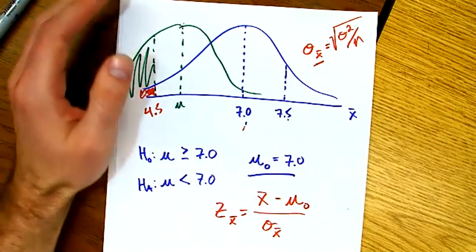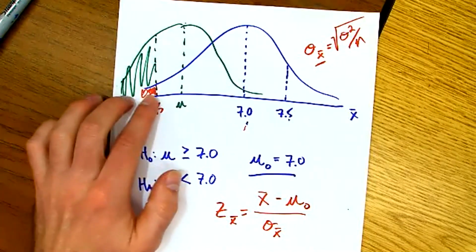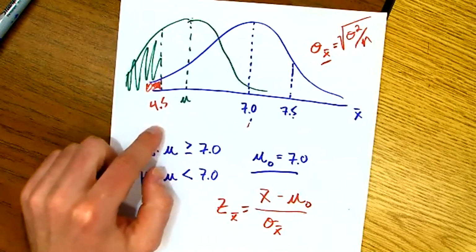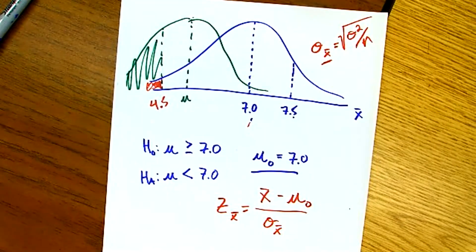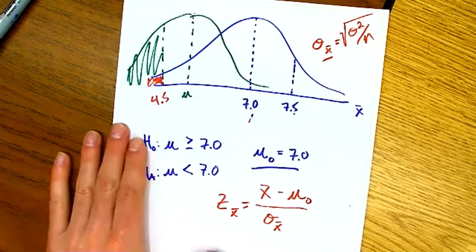So that's the idea of what we're thinking about. Because we know something about this distribution of sample means, we can find the probability that we saw certain values for our sample mean under whatever we've assumed to be true. So that's where we're going, right?